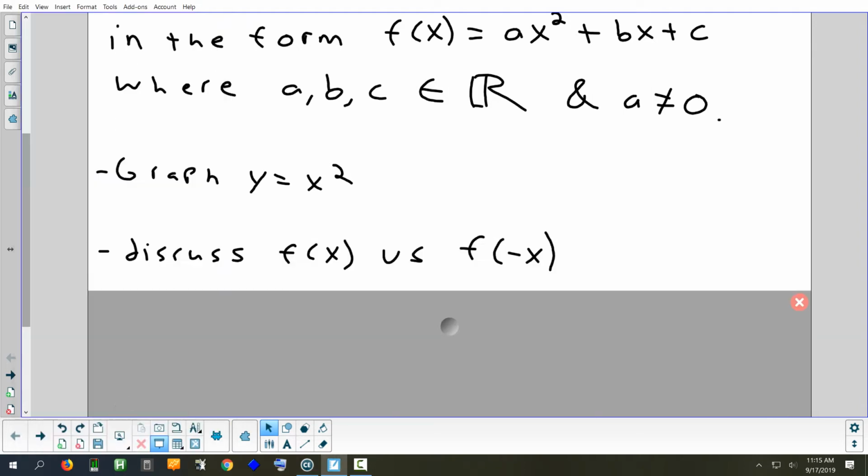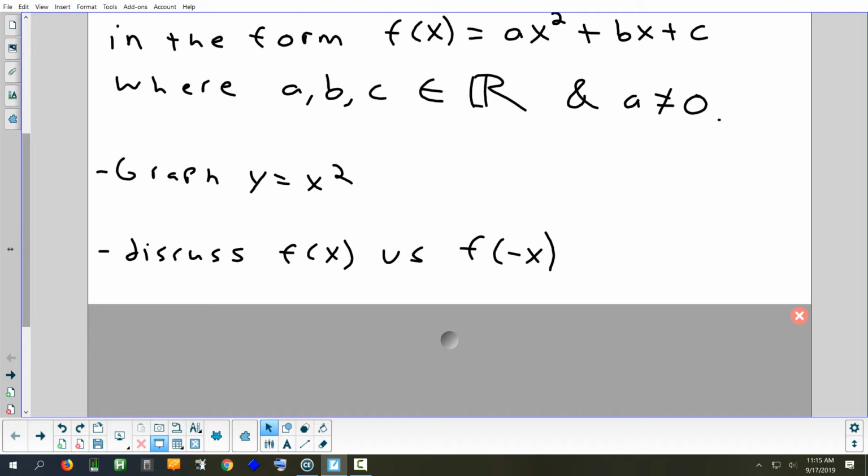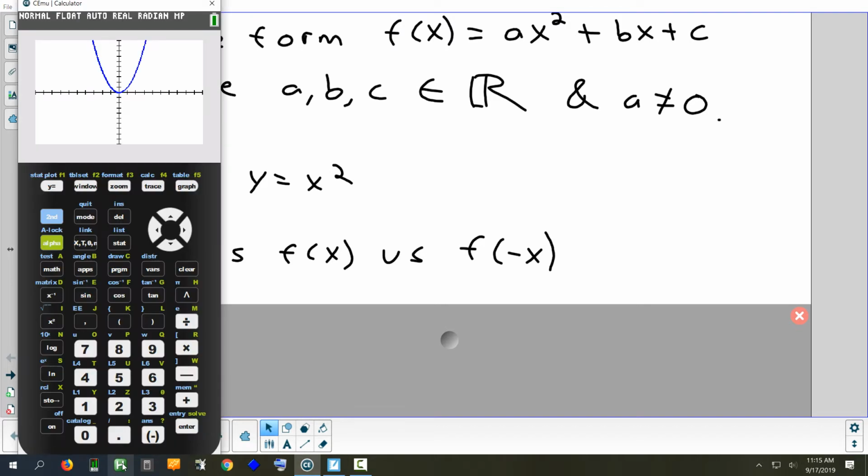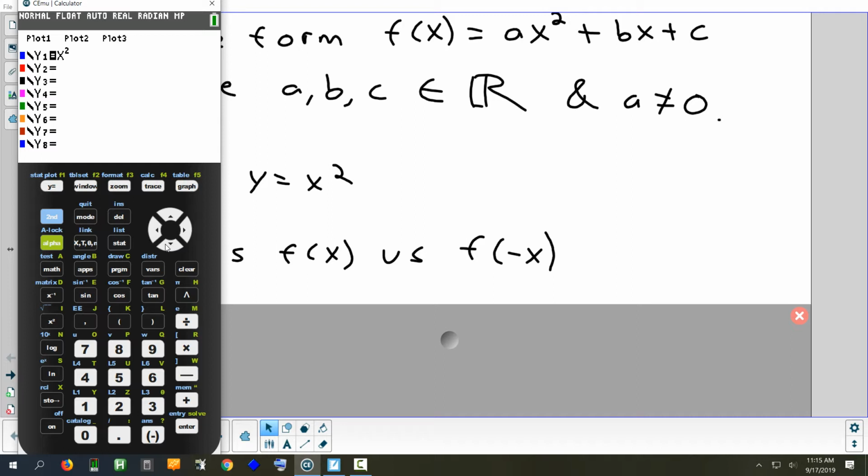Now, let's see what happens if we plug in a negative x. Okay, let's try it. So I'm going to replace x with negative x. All right, so I'll go back to y equals. I'll leave the original there so you can compare it.